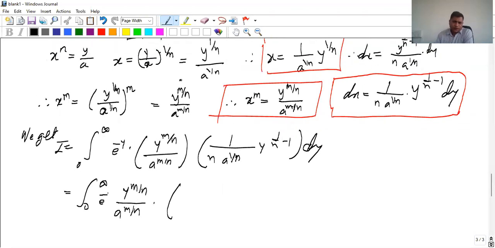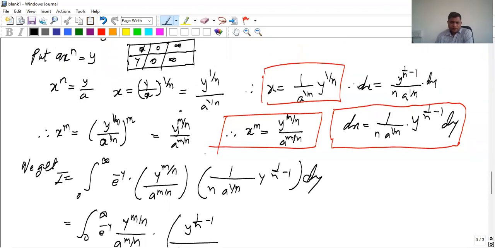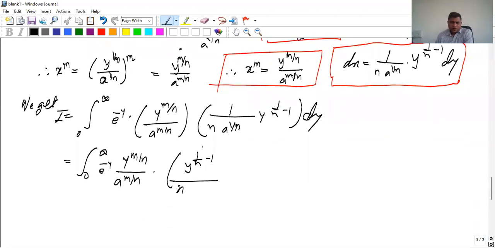Okay, so it is e raised to minus y. Now this term, so what will we be having: y raised to 1 by n minus 1. And here what we will have is n into a raised to 1 by n.